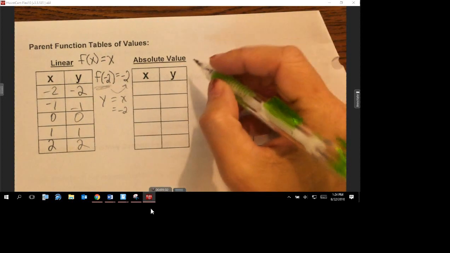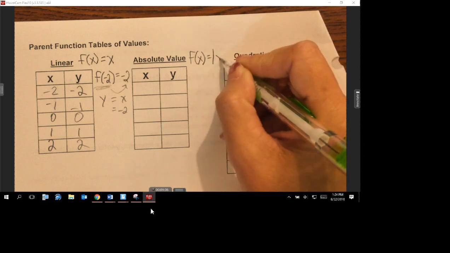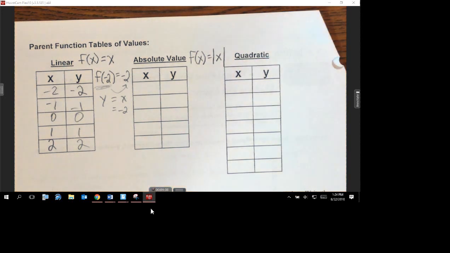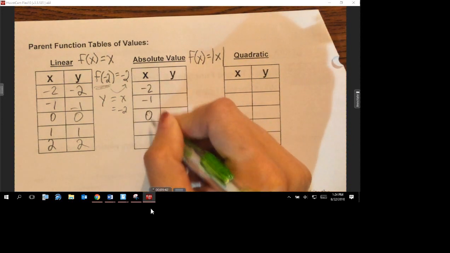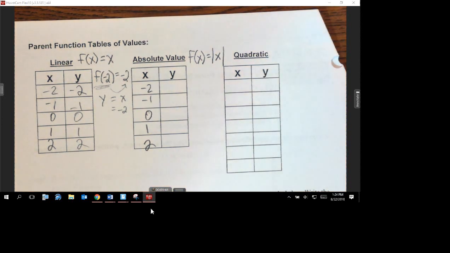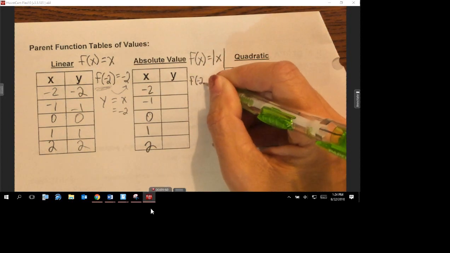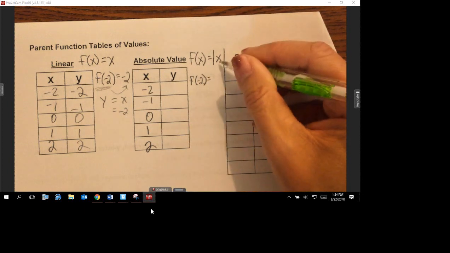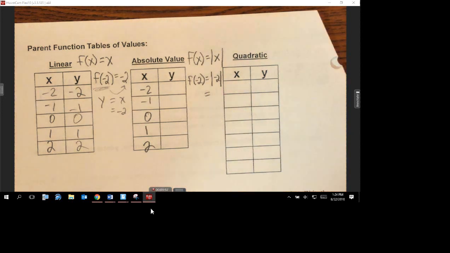Parent function for absolute value is f of x equals absolute value of x. I'm going to use -2, -1, 0, 1, 2 again. And I'm going to say, if I put in -2 for x in this absolute value, what do I get out?